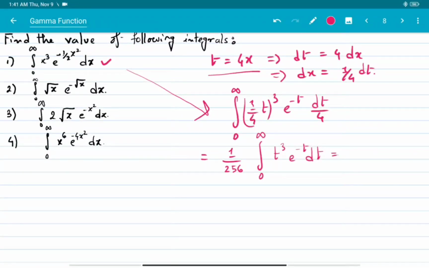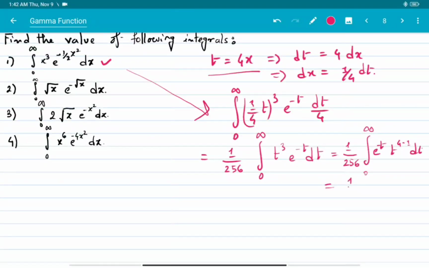So we keep this constant term 1/256 outside, as we do in solving definite integrals. So from 0 to infinity, e to the power minus t, and this is t to the power 4 minus 1 dt.